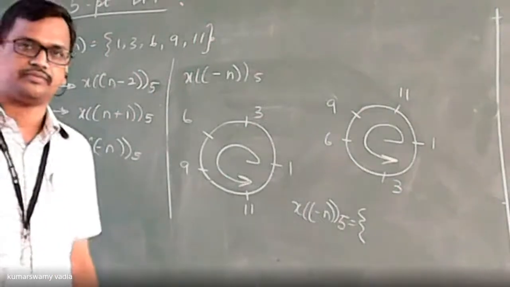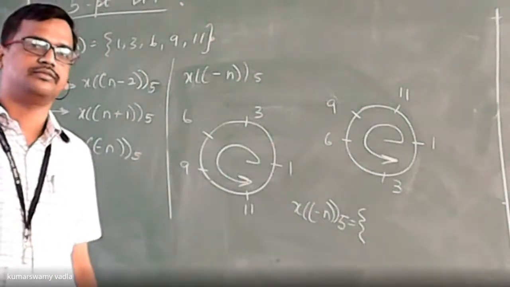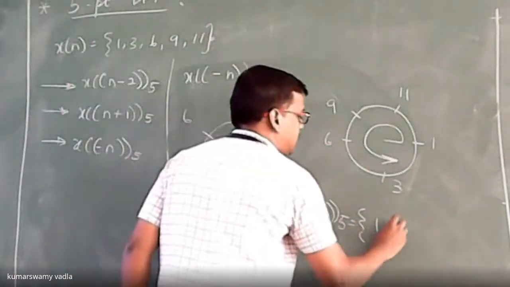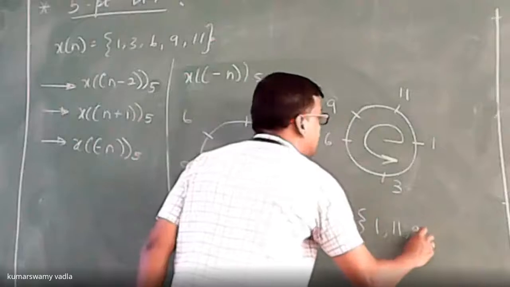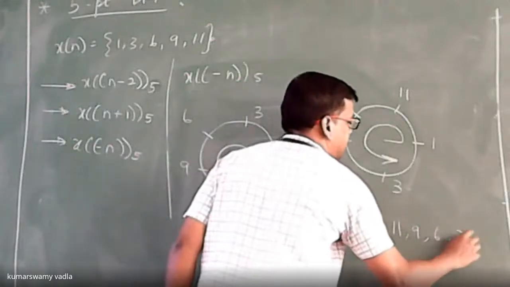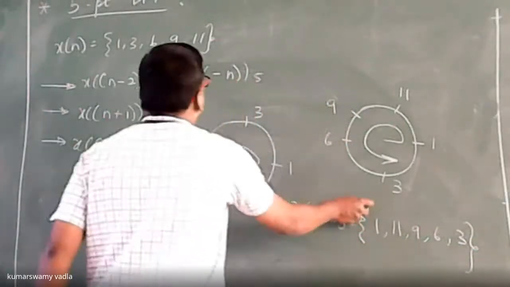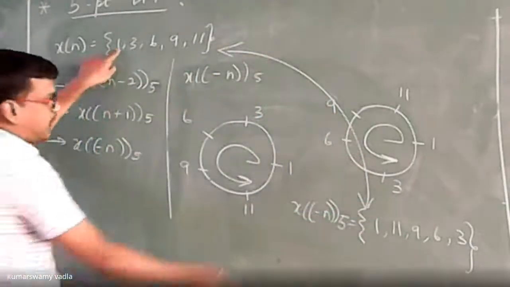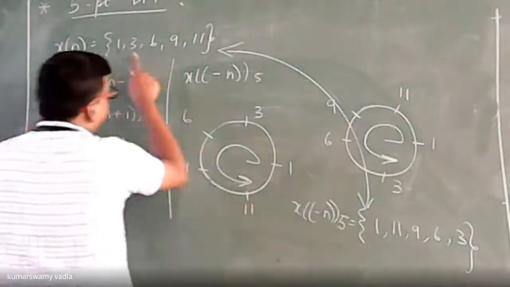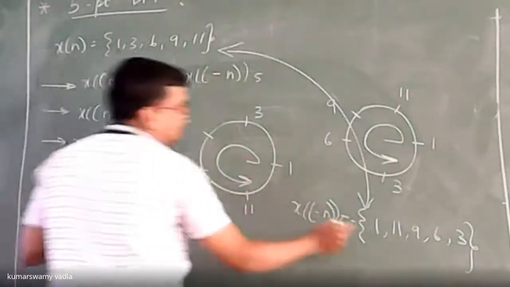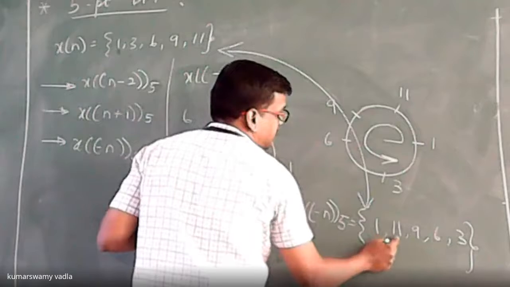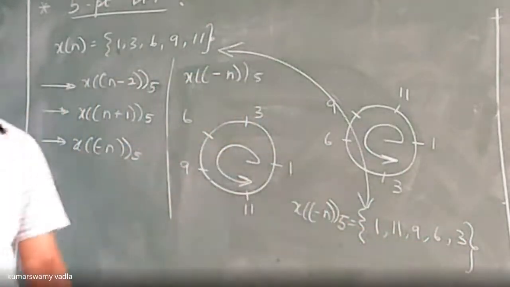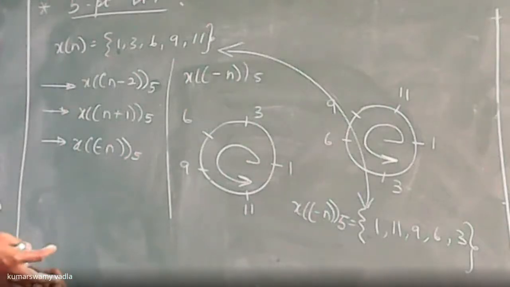Yes or no, students? So what will be your answer? 1, 11, 9, 6, 3. When you compare this with this, 1 and 1 are the same. Instead of 3, 6, 9, 11, you got 11, 9, 6, 3, the mirror image of it. Is the point clear, students?